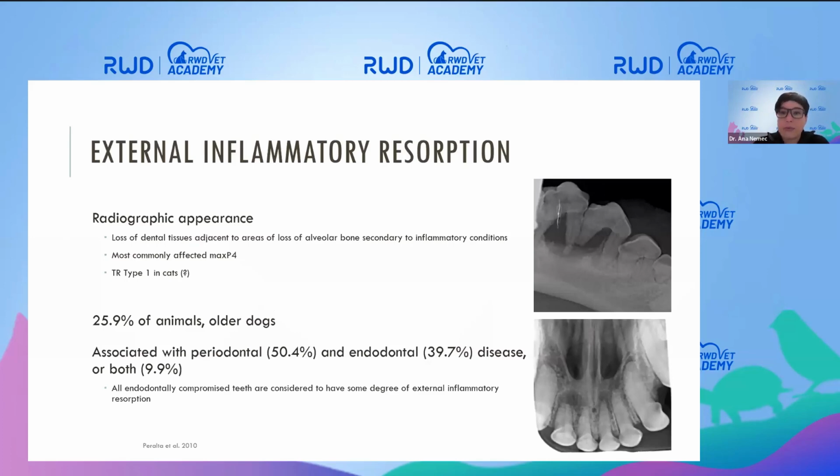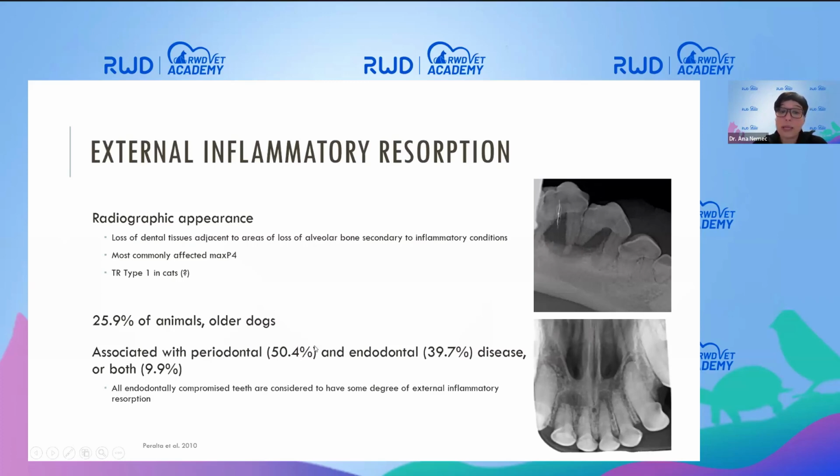External inflammatory resorption, by definition, needs to be treated because it's associated with inflammation. And this inflammation can derive from periodontitis, like in this upper case, where we can see total loss of attachment and associated inflammatory root resorption.